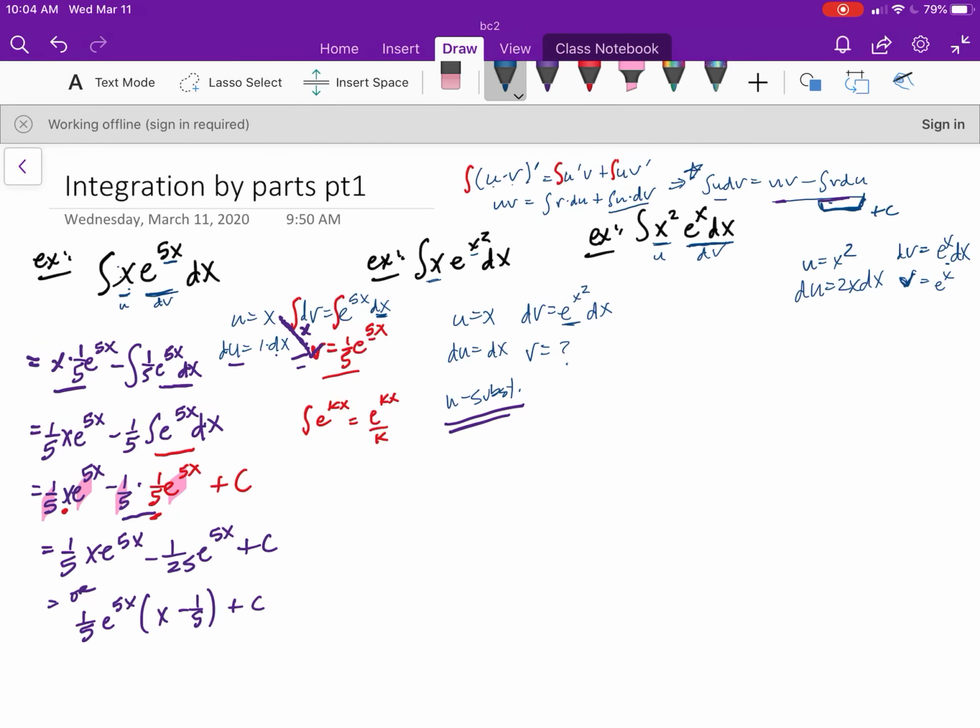It's still a constant. Formula says uv minus integral v du. So this results in x squared times e to the x minus the integral of e to the x times 2x dx.